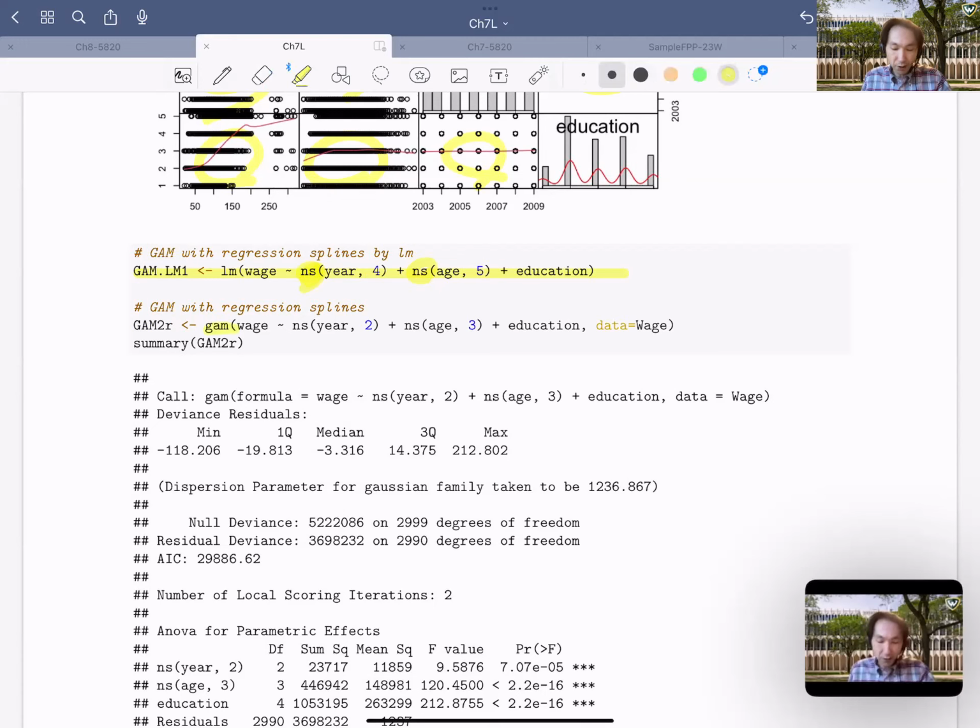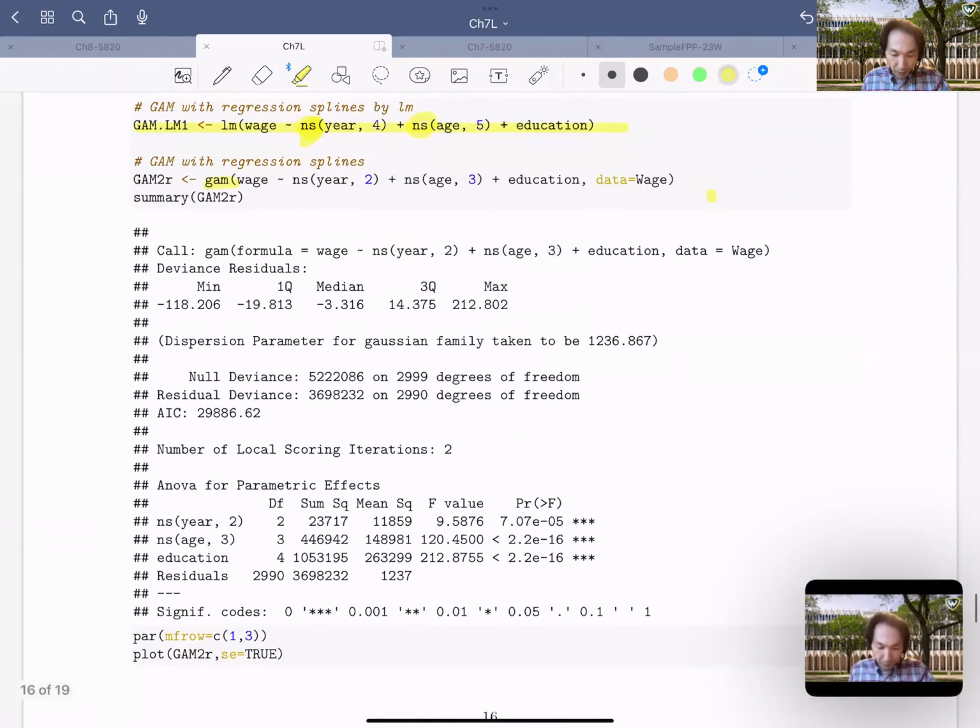This is just another one with the gam function. Basically the GAM is a linear model if we use the regression spline or polynomial regression. And this is the summary of the GAM. You can see an ANOVA table for each variable.